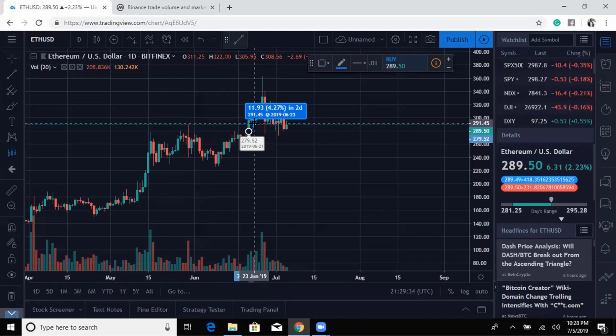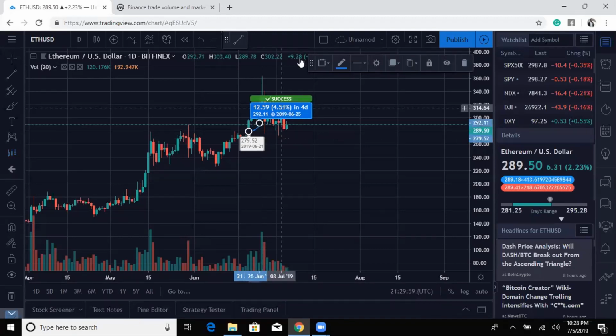So if you were to calculate that, 4.27 times 50, that's just around 217%. This is really why leverage is really nice. In the traditional market, if you were trading Ethereum, if you bought here at 279 and sold at 292, you could have made 4.51% right there.